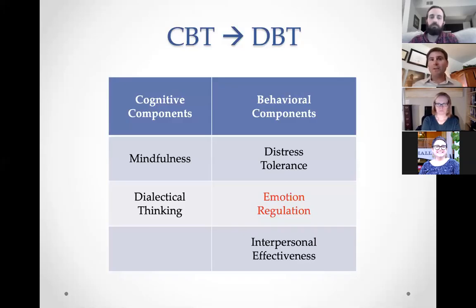CBT actually corresponds very well with the bias in our Western culture in which we give more priority to our thoughts than our emotions, right? That's a bias of our culture. So it's no wonder that CBT took off in the US.